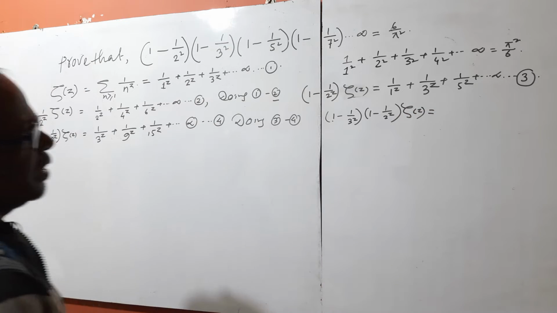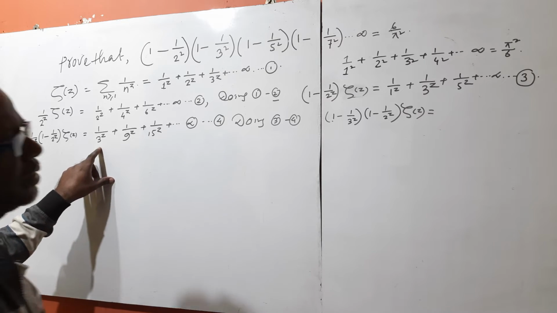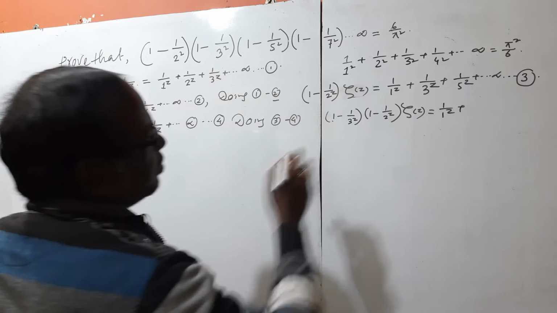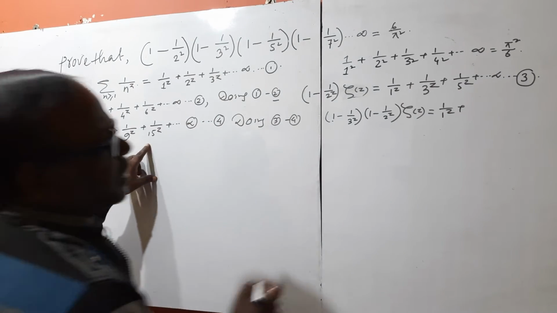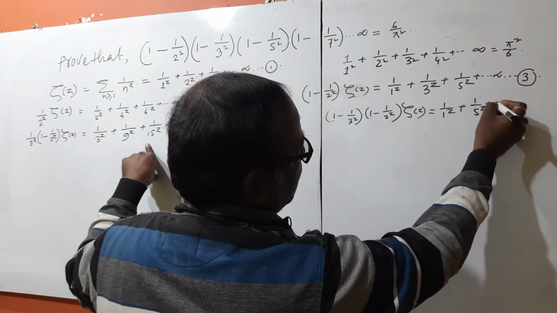And we have left only 1 over 1 to the power z; 1 by 3 to the power z is cancelled out, so we have left only 1 by 5 to the power z, like that.